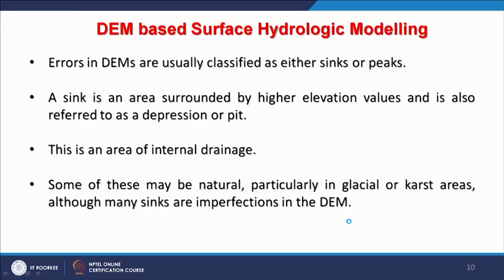There the surface hydrologic modeling may not predict as you wish, because it will not follow that assumption. The assumption is that even a single drop of water, if it falls on the surface in a watershed, has to come out through the outlet. So, in many conditions this assumption is not fulfilled, but nonetheless in many conditions it is.